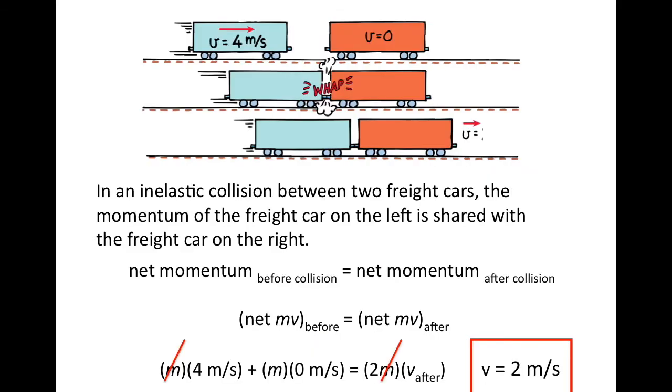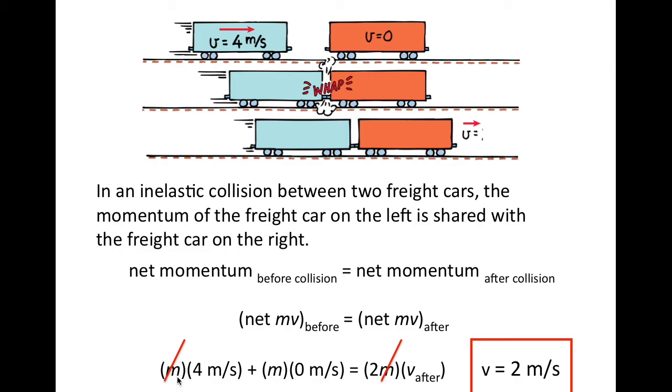Let's do the math. We know that in an inelastic collision between two freight cars, the momentum of the freight car on the left is shared with the freight car on the right. Again, remember the conservation of momentum: the net momentum before has to equal the net momentum after. When we solve for this, we know that the masses are the same, so it doesn't even matter putting in the numbers.